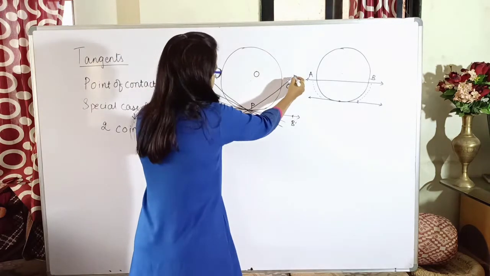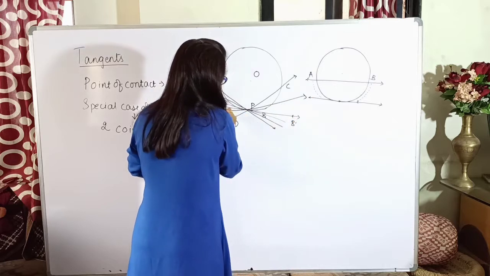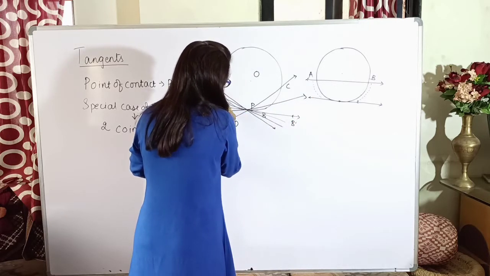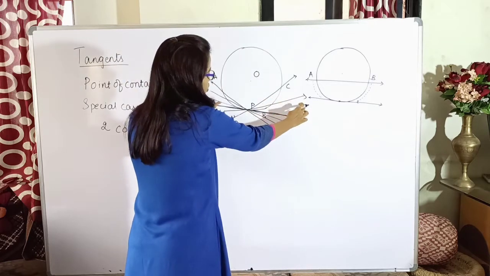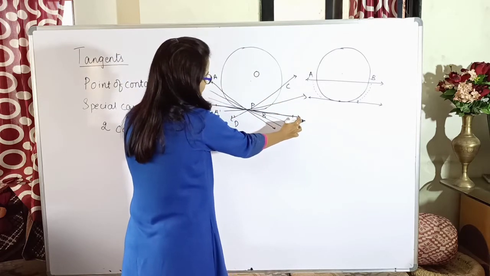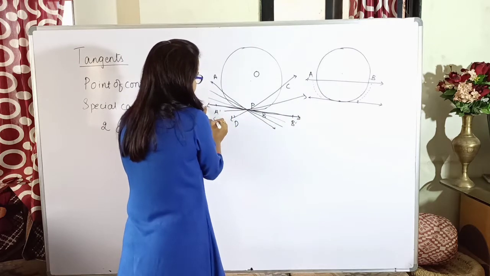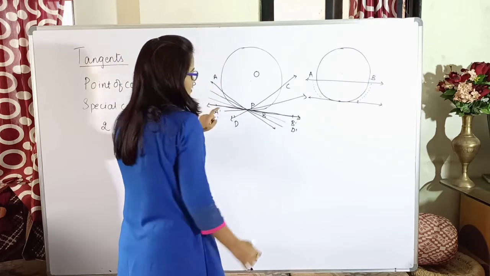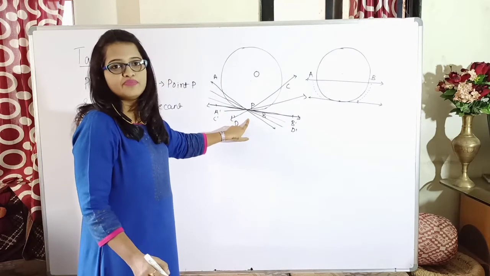Now I will move this line so that it becomes tangent, and as you can see, if you go on moving, it will exactly coincide with line A dash B dash, wherein it becomes tangent to the circle at point P.